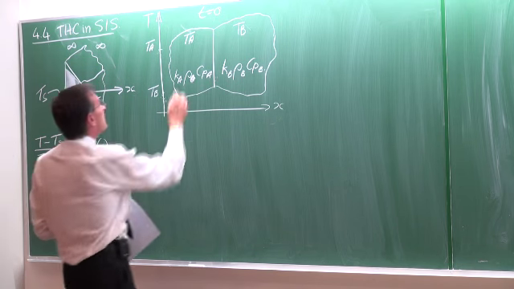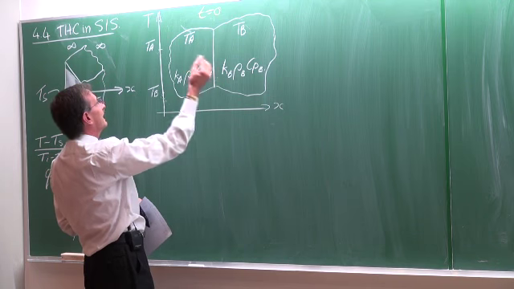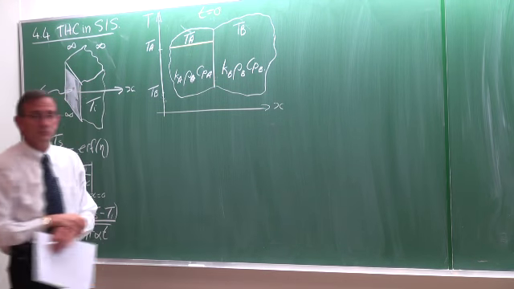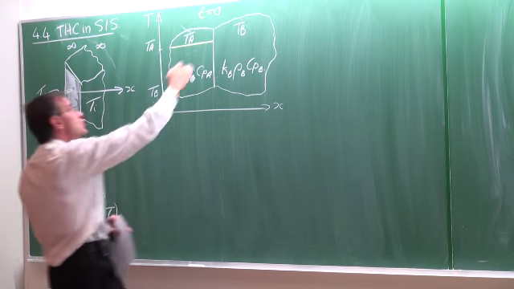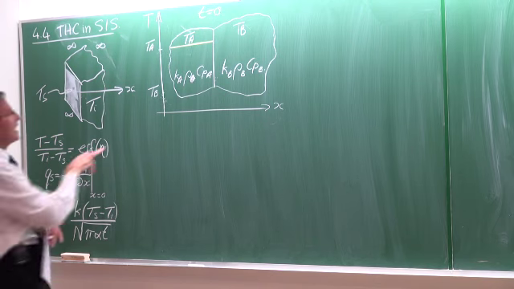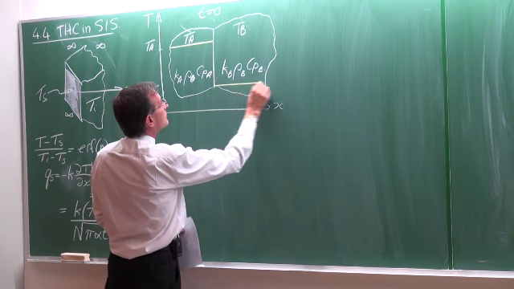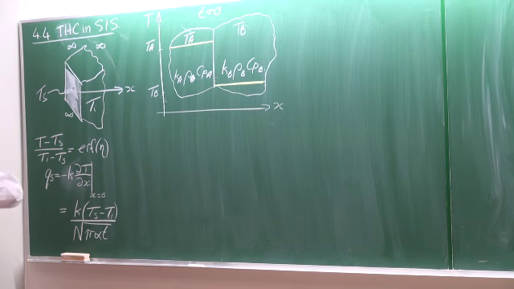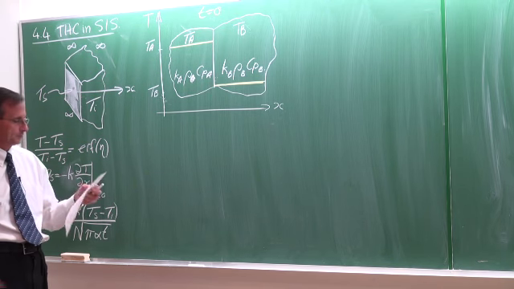Now this temperature was at TA, so let's plot TA there, and the temperature is uniform throughout the body. At B, that is the temperature there, again throughout the whole body.